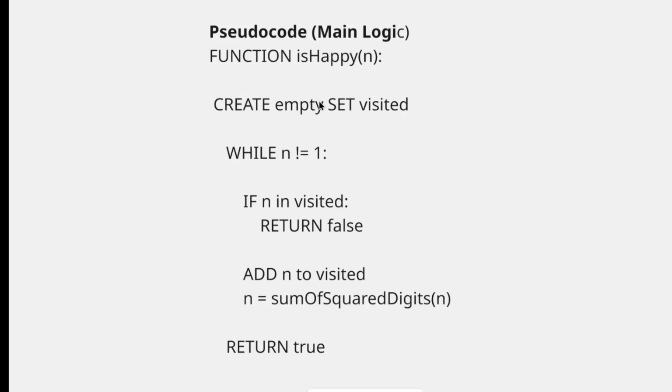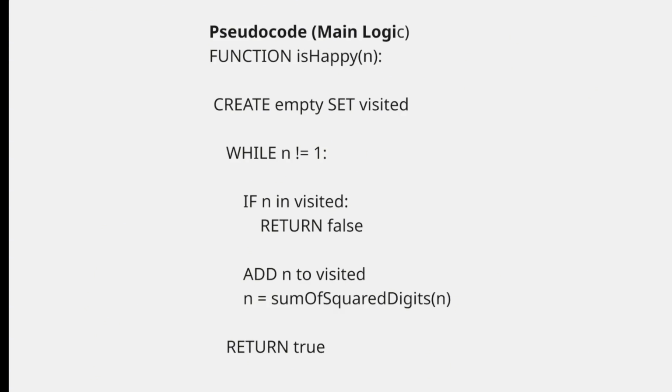Next is the main logic function, which takes the original number and determines if it is a happy number or not. For that, we create a hash set to store every number we encounter during the process. If we see a number again, it means we are in a cycle. We keep looping as long as we haven't reached 1. The moment n becomes 1, we know it's a happy number and we exit. Before computing the next number, we check: have we seen this number before?